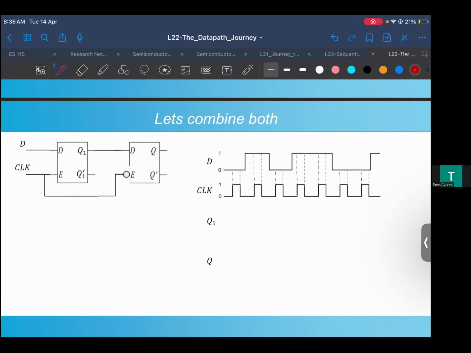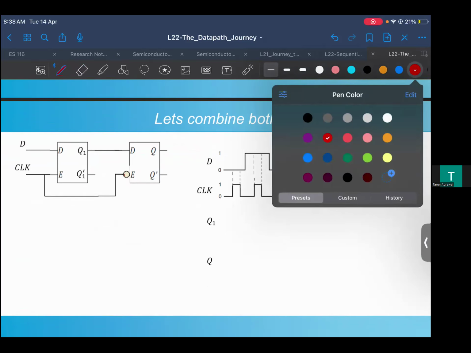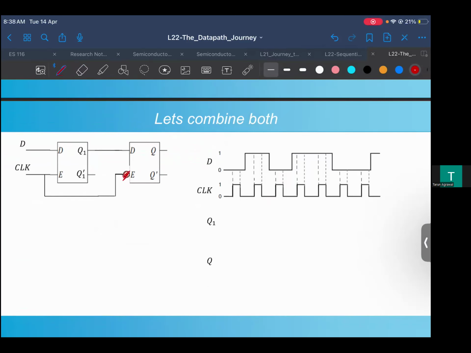We combine them. The active low can be seen as an inverter on an active high latch, so let me draw this interpretation. Your D is there, and this is Q1 bar.